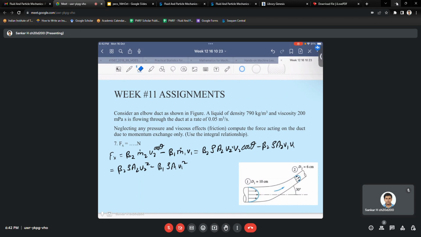Okay, so here as well it will be beta 2 rho A2 V2 square times cos theta minus beta 1 rho A1 V1 square.